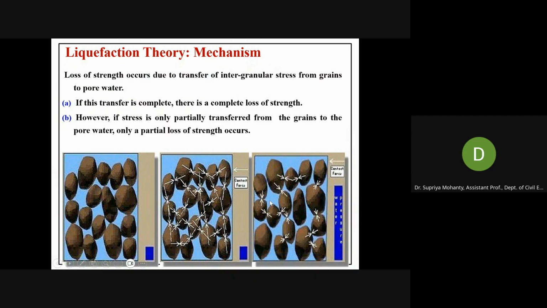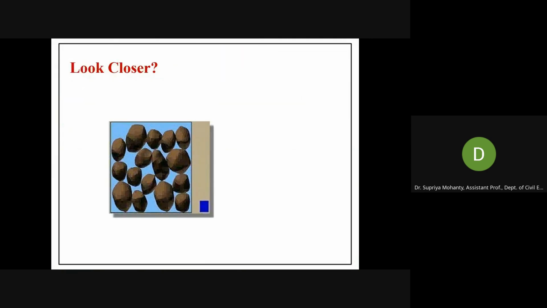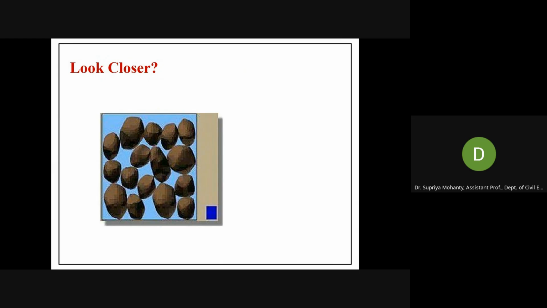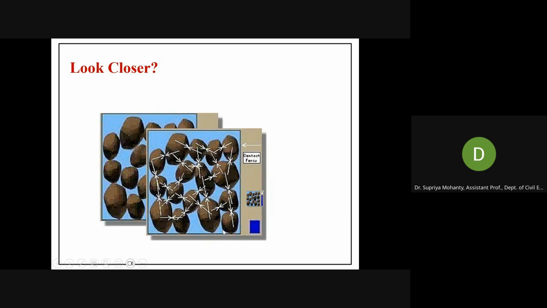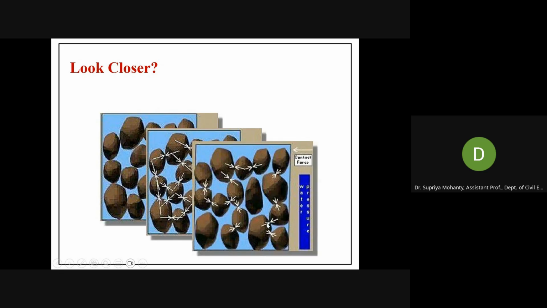Means there is loss of particle to particle contact, or you can say grain to grain contact. If this transfer is complete, then there will be complete loss of strength. Soil will behave like fluid, and if it is partial, then there will be some partial loss and some residual strength you can get. So at rest condition, soil state, soil grains, and pore pressure. This is the contact pressure, and this is after the shaking.